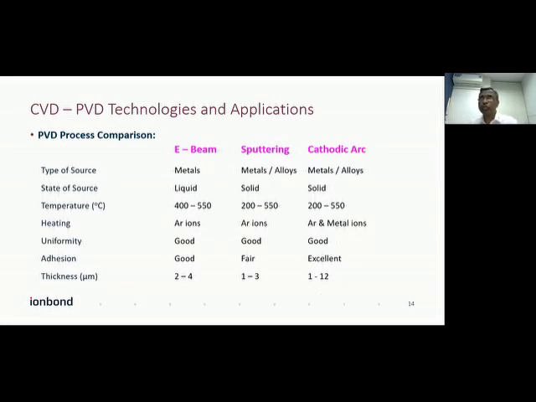That is very important, because some advanced coatings like titanium silicon, with the proper concentration of titanium and silicon, such alloys we are not able to get through the e-beam.